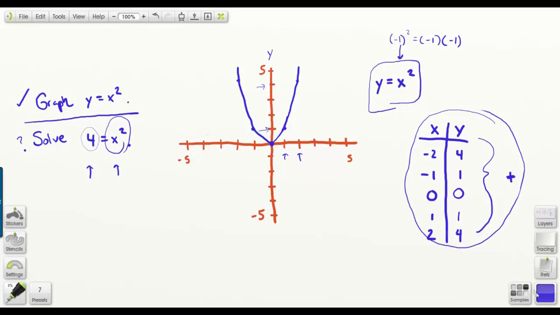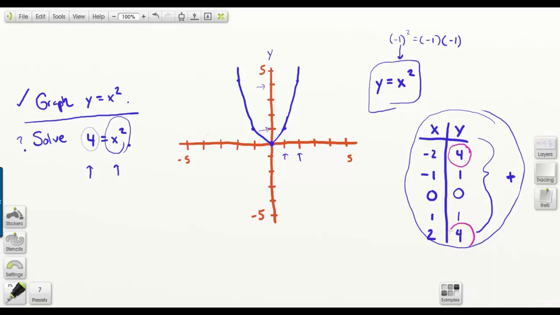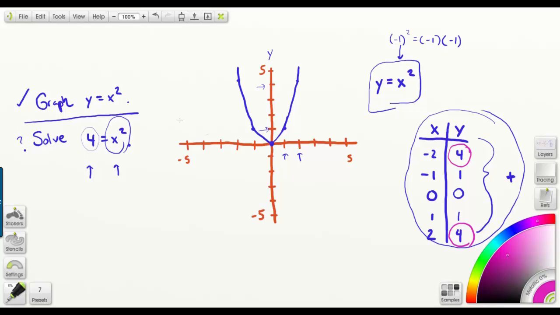So on our chart, let me use a different color, we'll use pink here. 4 appears when x is -2, and it also appears when x is +2, because of that interesting relationship between a square and the fact that we always get positive answers. So here, if x is 2, we get 4. If x is -2, we get 4.